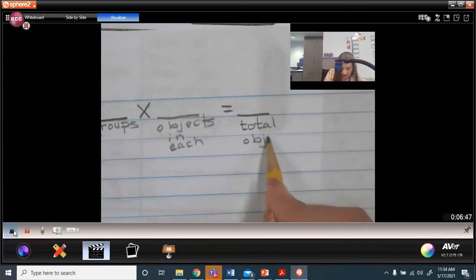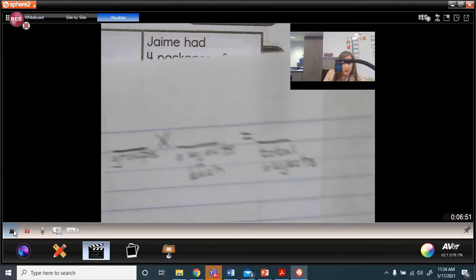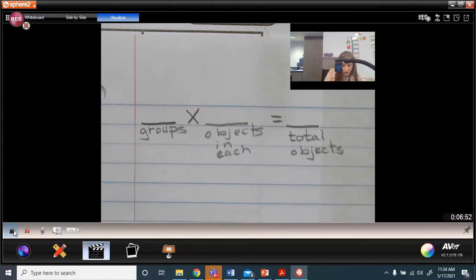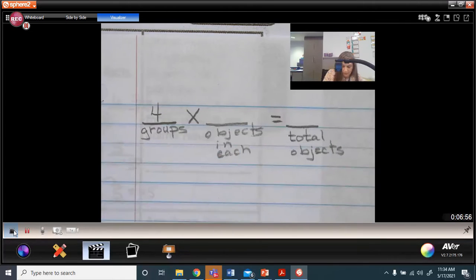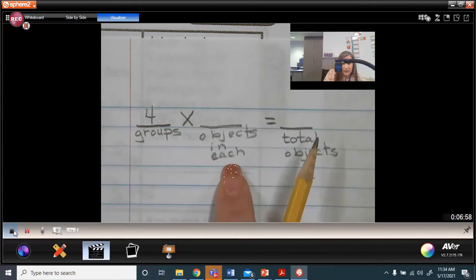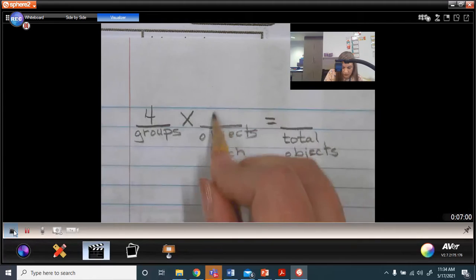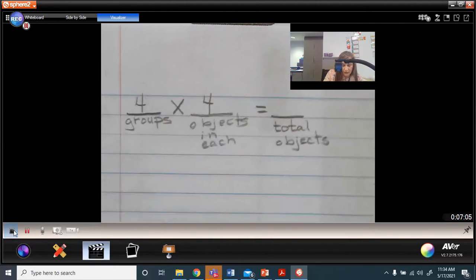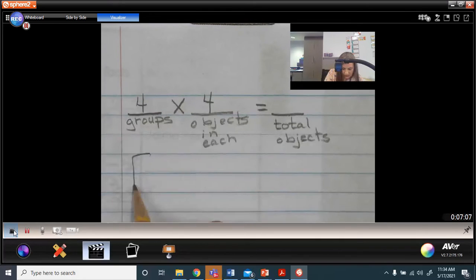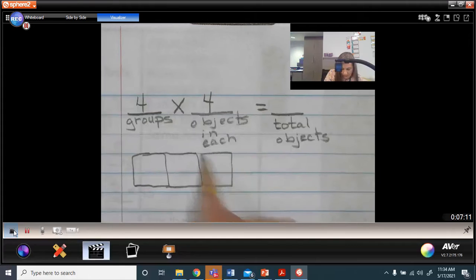Yes, it says, how many stickers does he have? So that does tell me that I'm going to be working with multiplication. So my groups are the packages. The objects in each group are the number of stickers in each pack. And my total objects are going to be how many total I have put together.